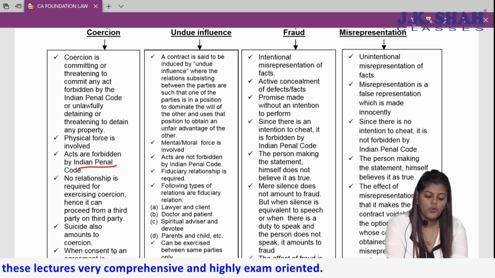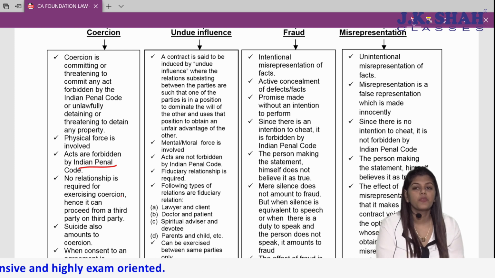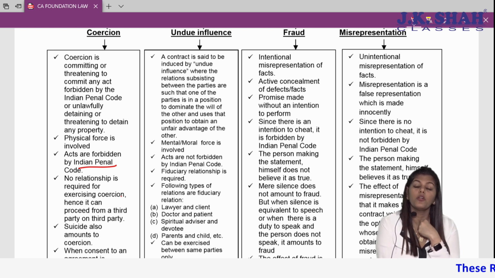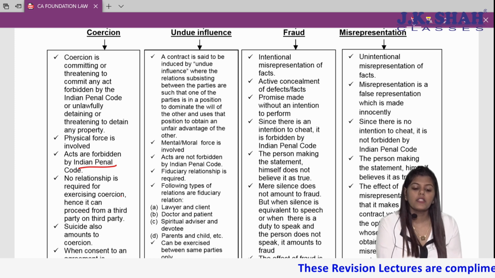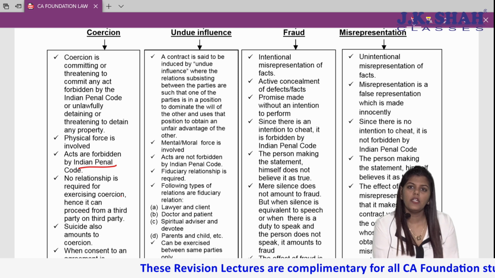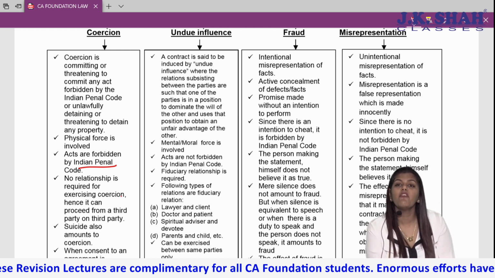Before I go on to next points of coercion, I would like to tell you about undue influence. Undue means unfair. Influence means you are controlling someone. Undue influence means you are trying to control someone by taking unfair advantage. For example, let's say doctor and a patient. Normally, whatever doctors say, patients believe because we have trust.